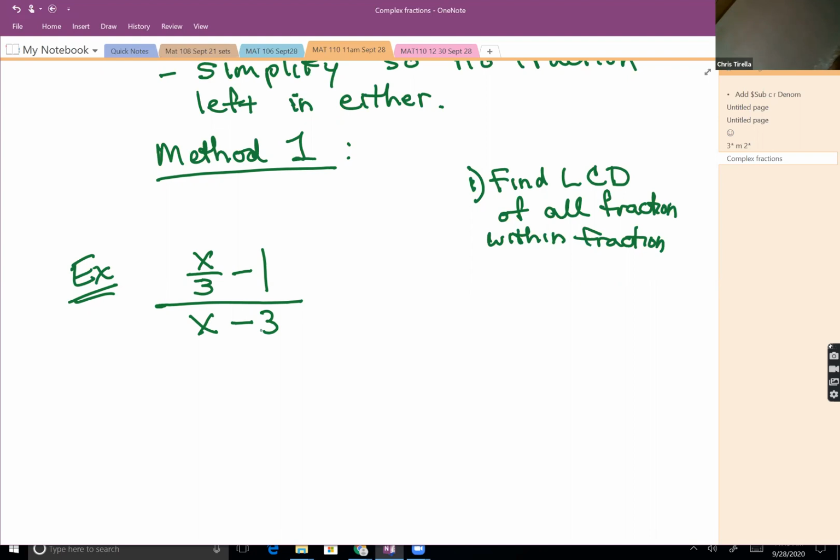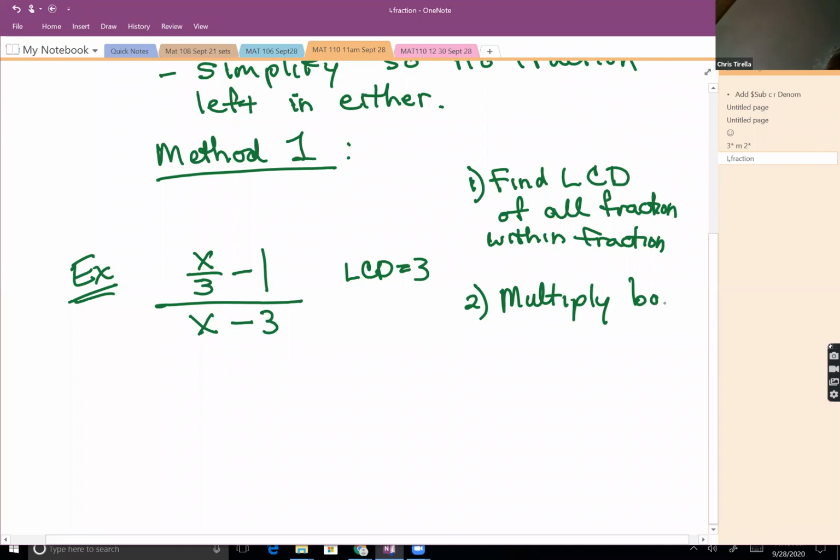As I look at this fraction, I only see one fraction within the fraction. So with this one, it's pretty straightforward. My least common denominator would be 3. And so then what you're going to do next is multiply both the numerator and denominator of the original fraction by the least common denominator.